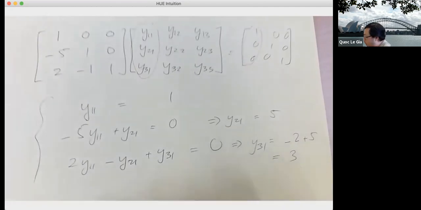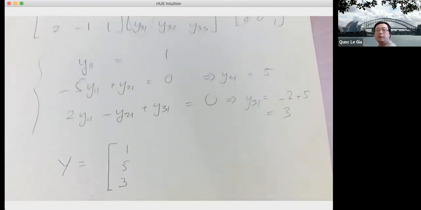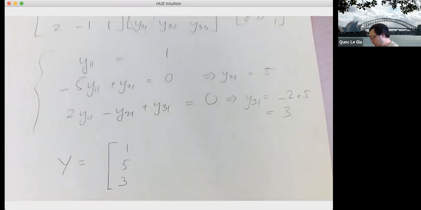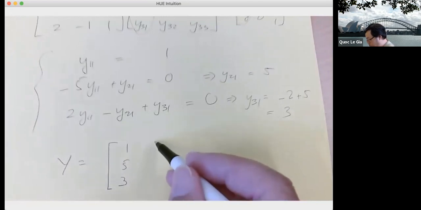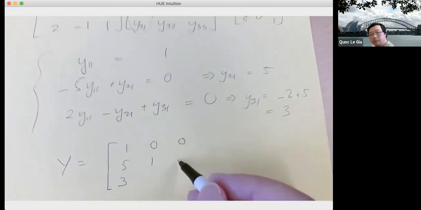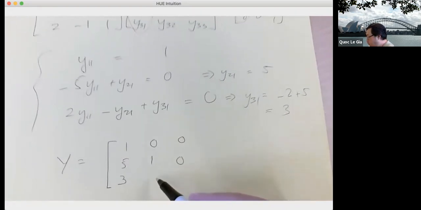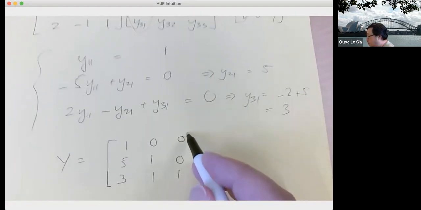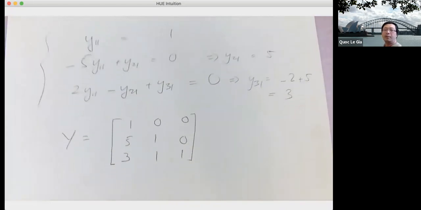So now I have the matrix Y, whose very first column is just 1, 5, and 3. And I can use the same technique. So suppose I use the same technique and I got the full matrix Y like this. I assume that I have done this calculation and got the matrix Y.